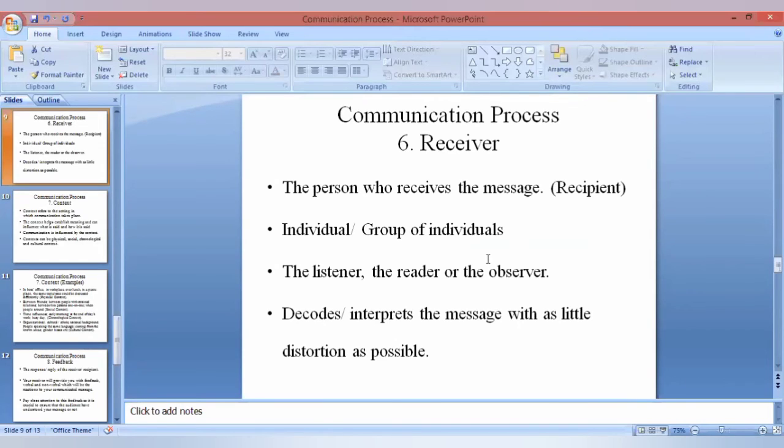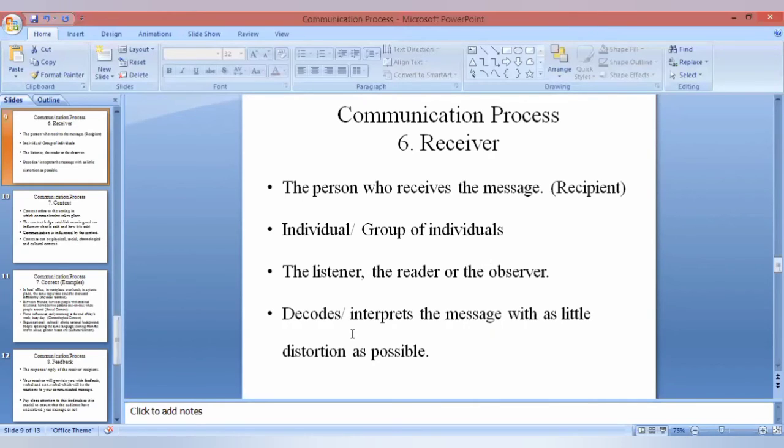For example, you have invited him for a meeting, and he is silently observing you. So he will be observing both your verbal and non-verbal communication.